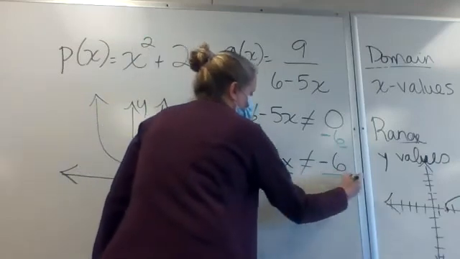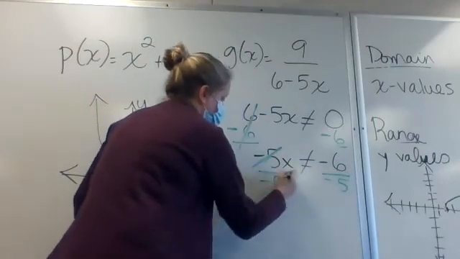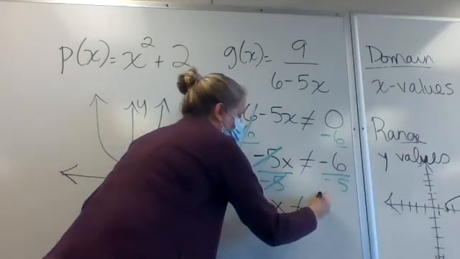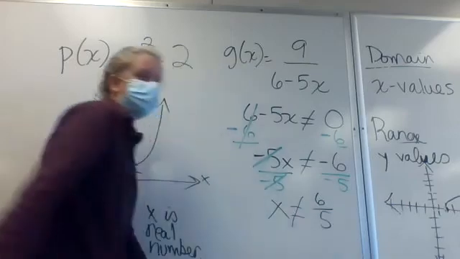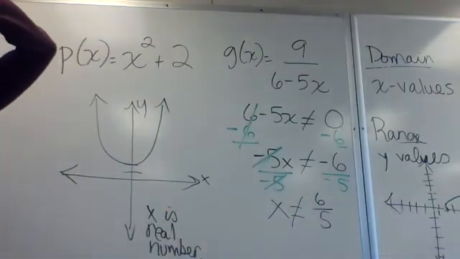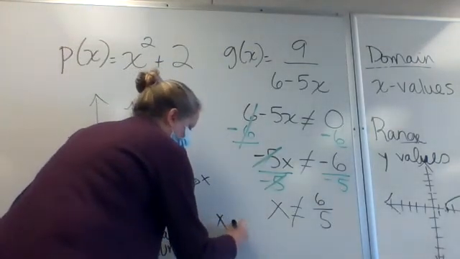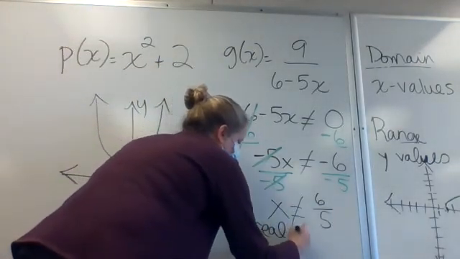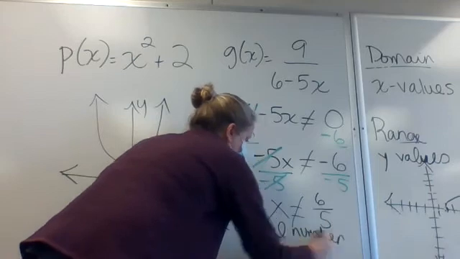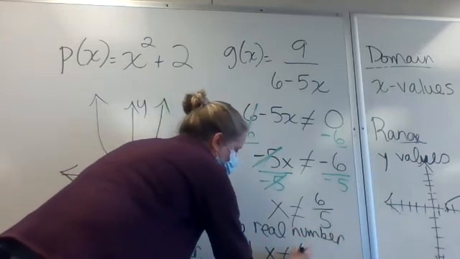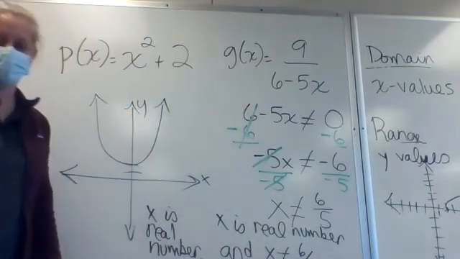So I'm dividing by negative 5. So x cannot equal negative over negative, just turns that to positive 6/5 because that doesn't reduce. So x is a real number, and, right, this one has a restriction, x can't equal 6/5.